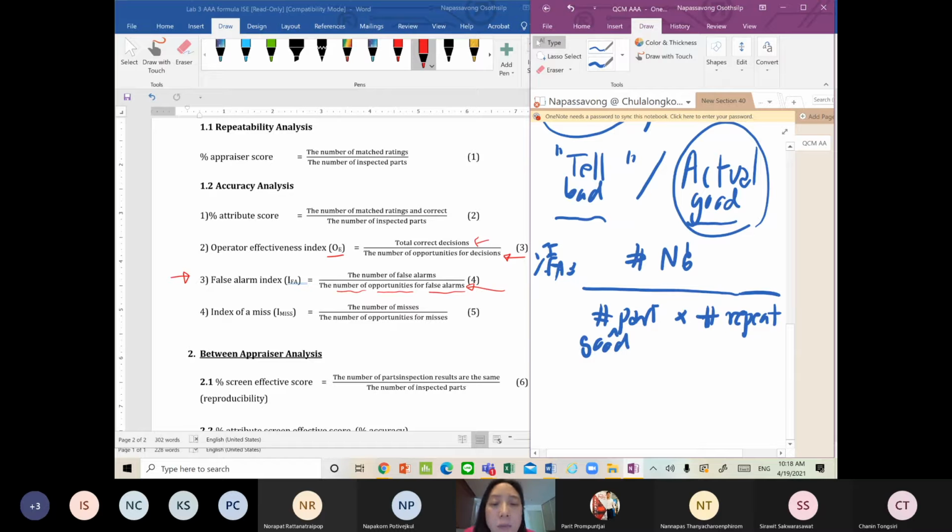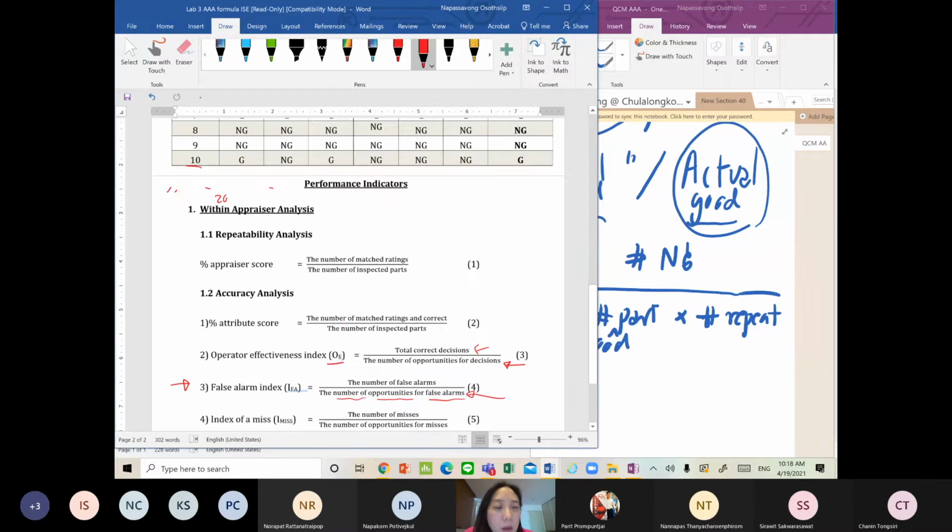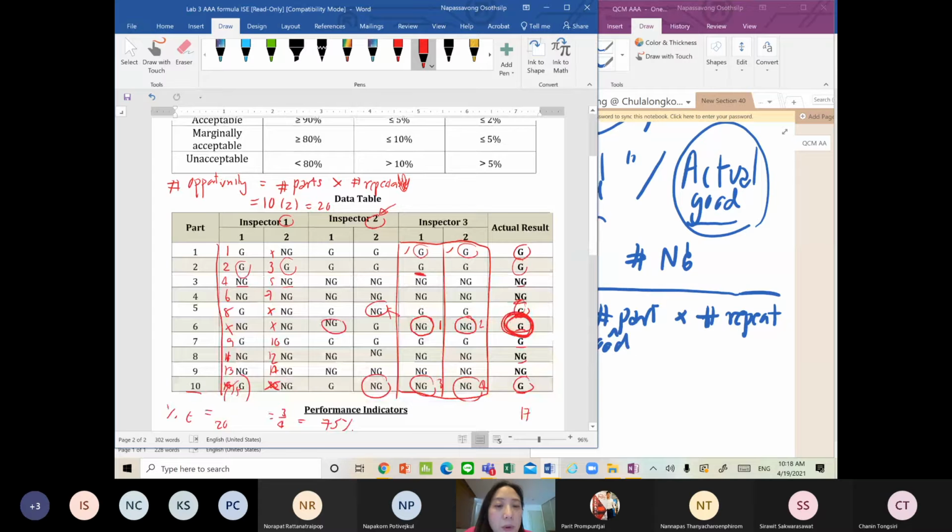Okay, for example, let's take a look at this. For example, operator 2.